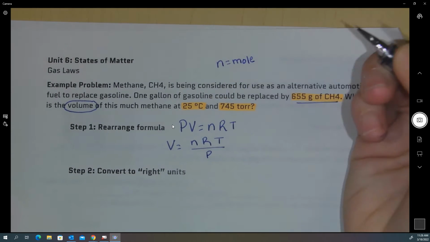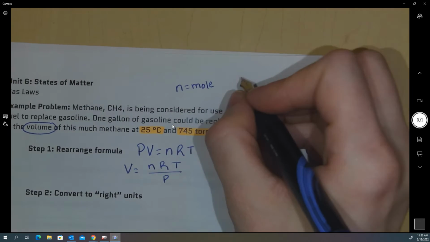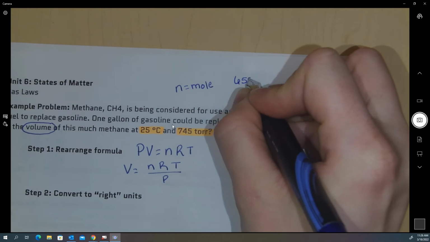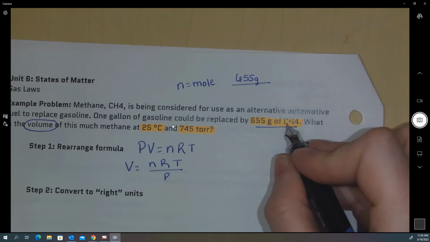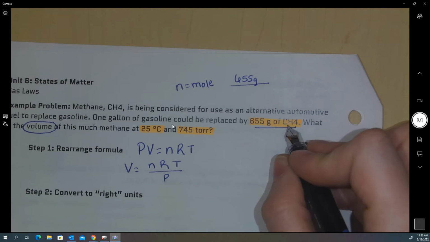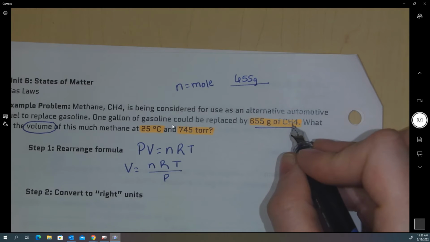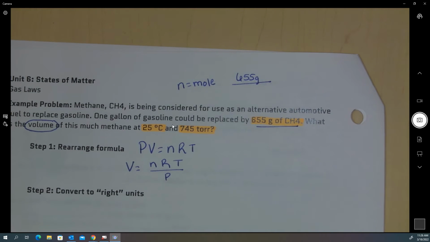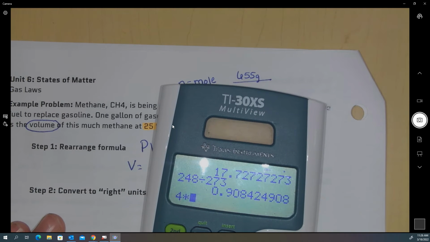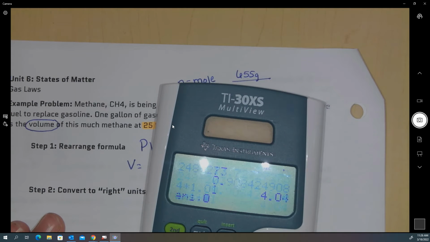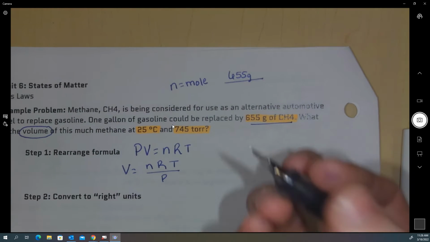So if I have grams, I can get moles by taking 655 grams and dividing it by the molar mass of methane. So we've got 12.01 as my molar mass for carbon, 1.01 as my molar mass for hydrogen. I've got 4 hydrogens, so 4 times 1.01 plus 12.01 gives us 16.05 as our molar mass for methane.